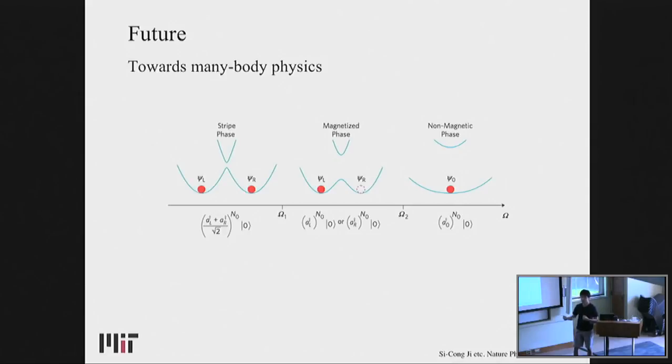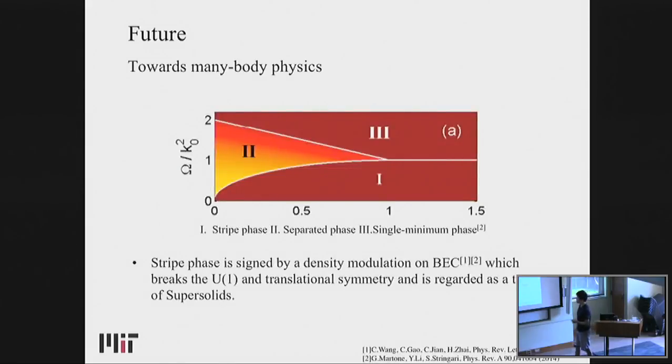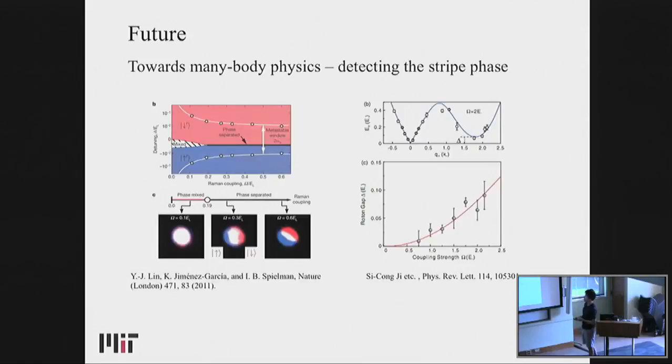It will try to demix, and these two spin states will separate from each other, which we call the demixed phase, or in some literature the magnetized phase, meaning we have non-zero magnetization in the system. To be more careful, there is a calculation of the phase diagram which shows the stripe phase, which is the coherent superposition of the two ground states and is basically the miscible state, and we have the separated phase and the single minimum phase.